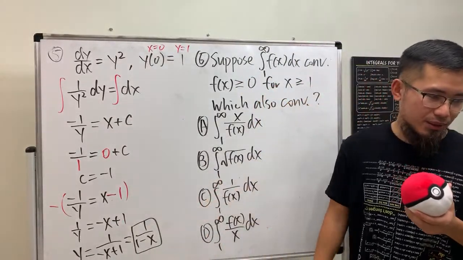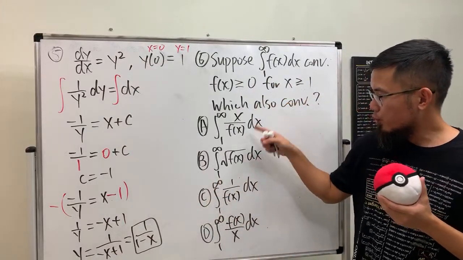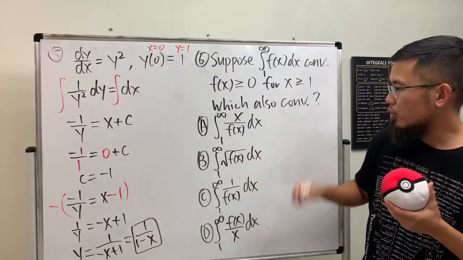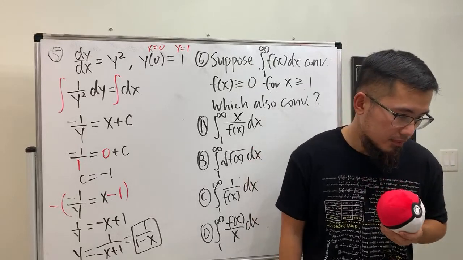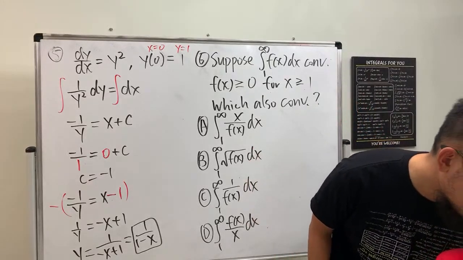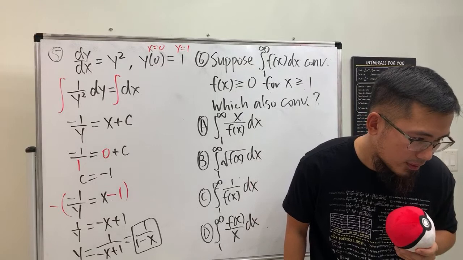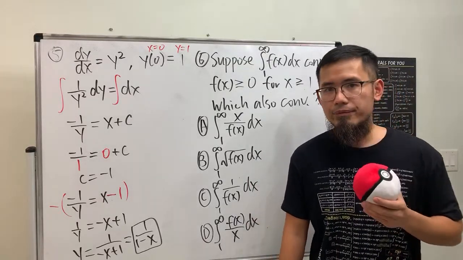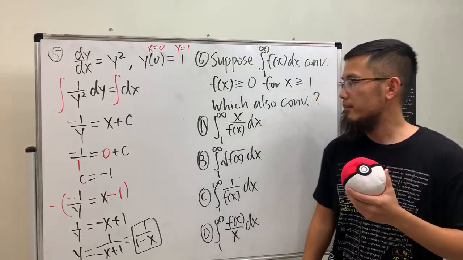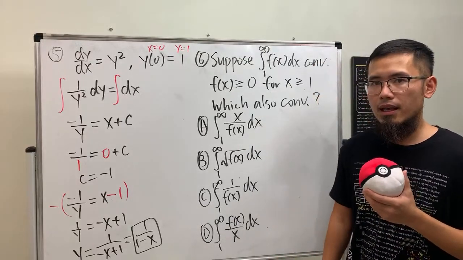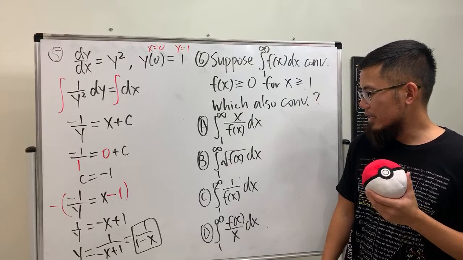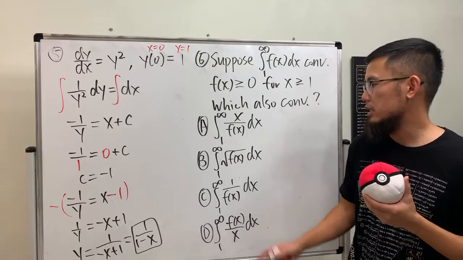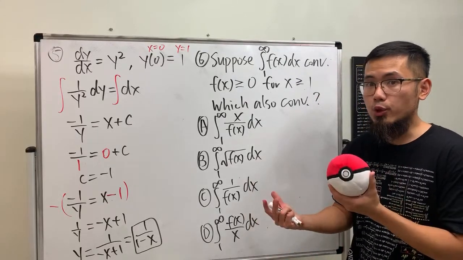So now, take a look. What do you guys think? Which of these also converges? Some of you might feel slightly uncomfortable because right here we don't have the actual equation for f of x.